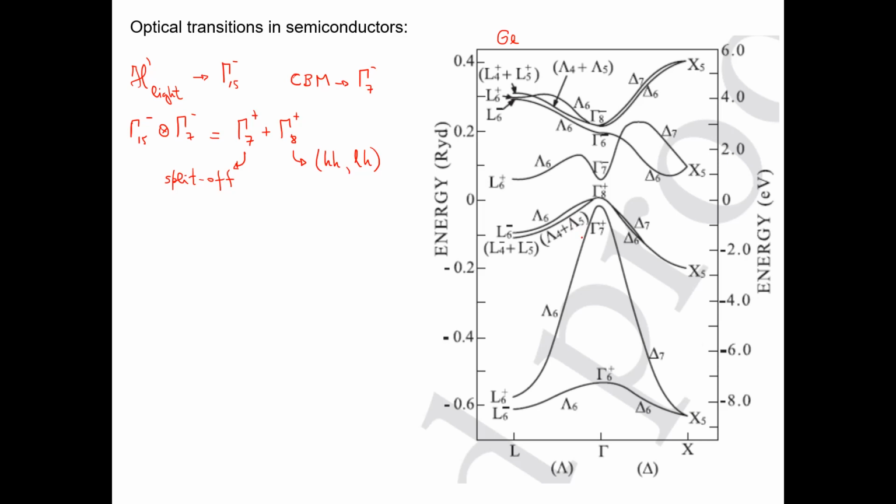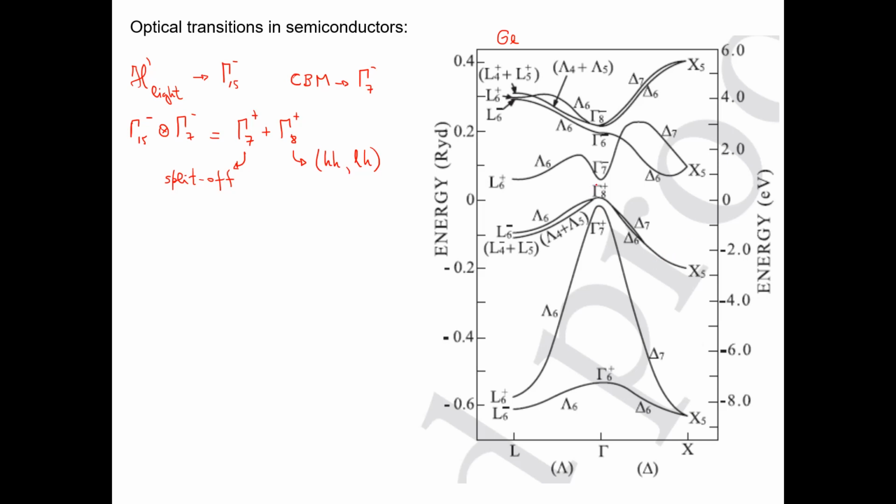But what group theory is telling me here is that we can shine light and couple both of these states, the split off state and the heavy hole light hole state, to the bottom of the conduction band.